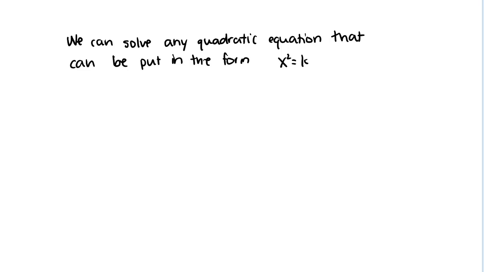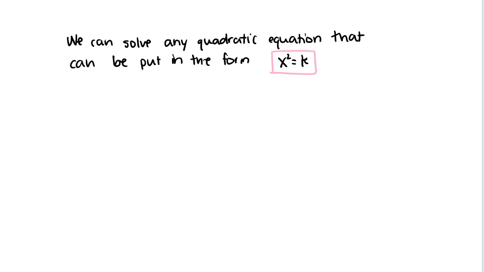We saw that if an equation falls into this form, where we just end up with that squared variable equal to a number, then we can solve it using this square root idea. And so if we have an equation and we can somehow manipulate it into this form, then we can solve that equation.